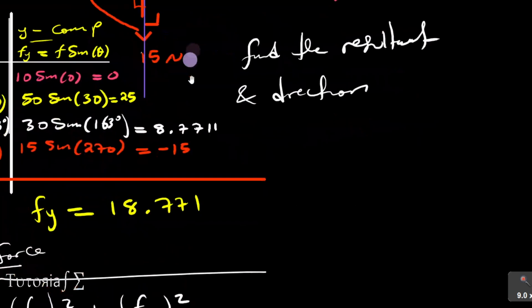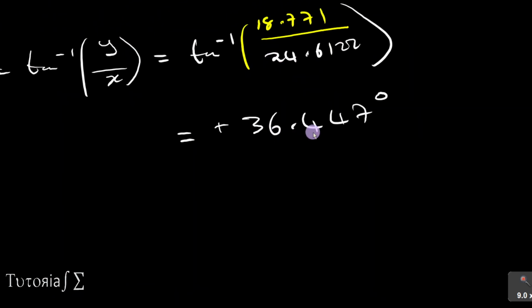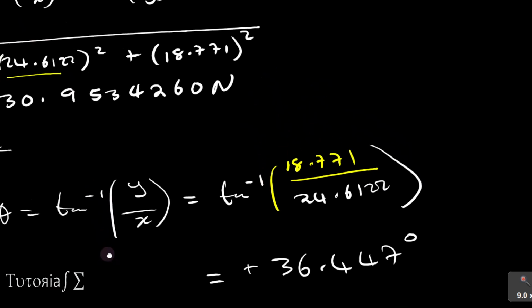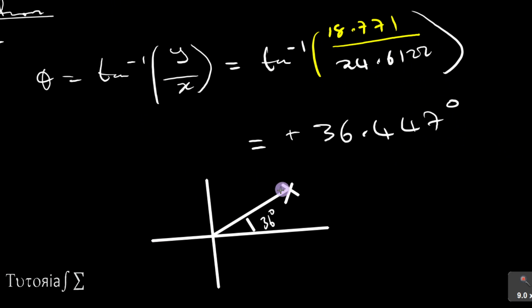It is in the first quadrant, so when this object is pulled, it will move in that direction, with a direction of 36 degrees and a magnitude of 30.9.